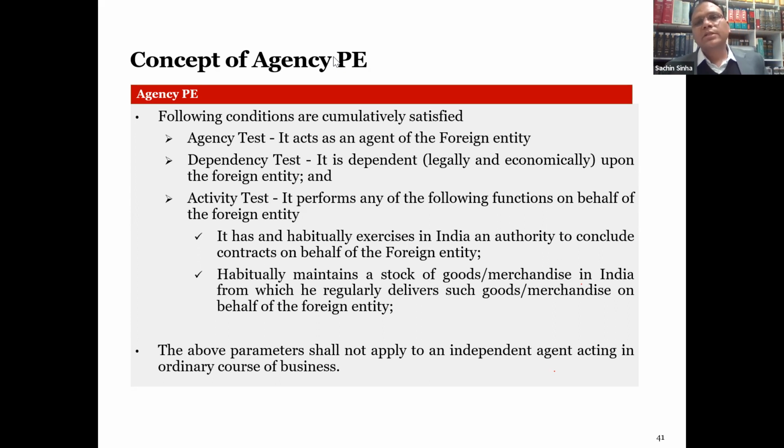So basically this concept comes from the MLI, where it says the principal purpose test is a minimum standard. Out of the 3 minimum standards, one is the principal purpose test, and here you need to satisfy why you are coming through this country.